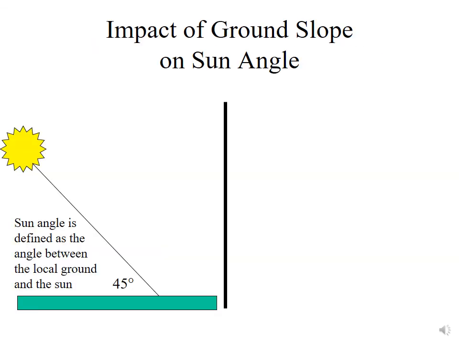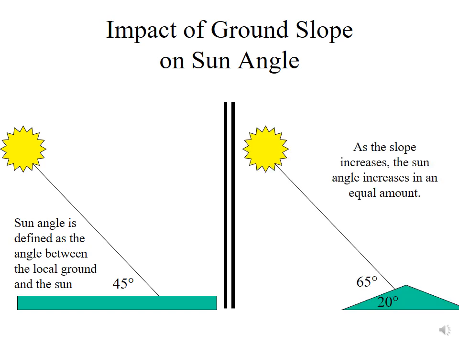So ground slope can also have an impact on the apparent sun angle. Here we have a sun angle that's 45 degrees above the horizon, and the ground slope is essentially level. But if we alter the ground slope, it will change the apparent sun angle for that surface.